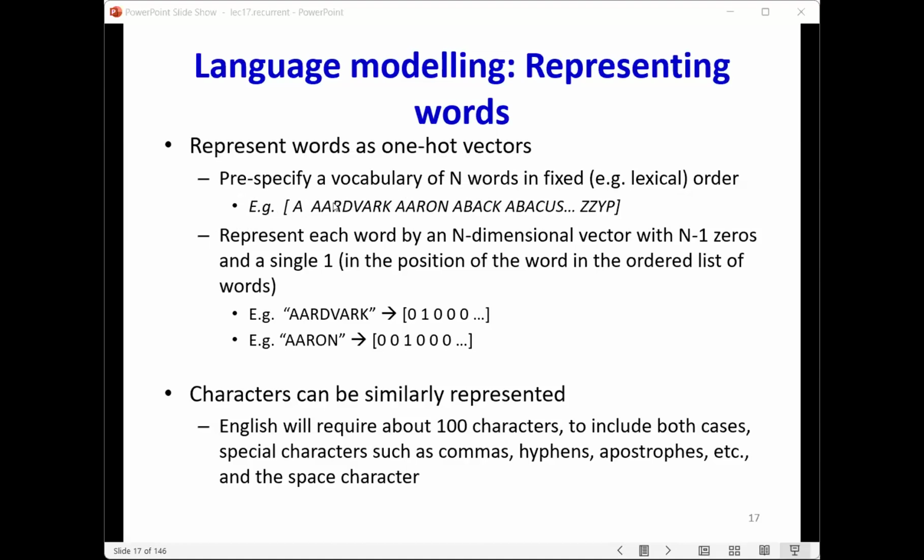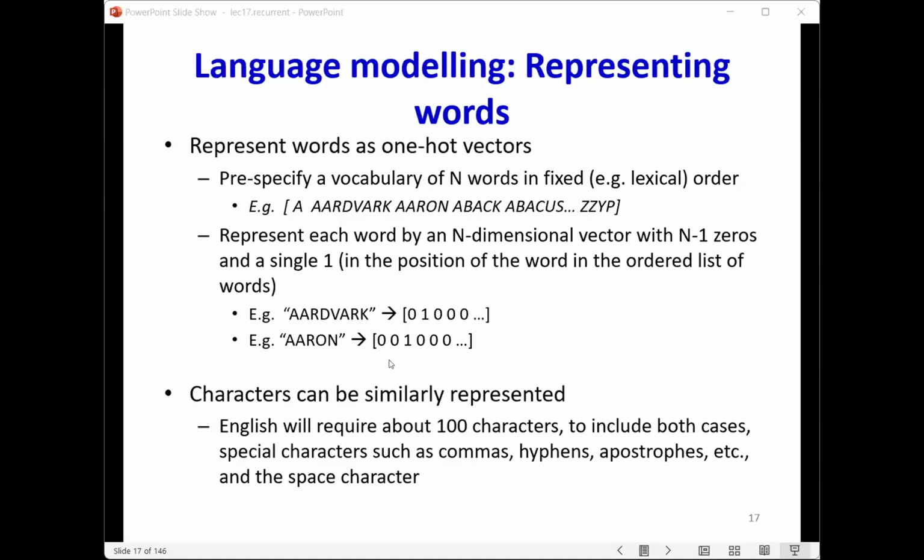Each of these is then represented by an N-dimensional vector with N minus 1 zeros and a single one, which occurs in the lexical position of that symbol in your original ordered arrangement. So here, for example, aardvark is going to have a 1 in the second position because aardvark is the second word in our arranged lexicon. Aaron would have a 1 in the third position.